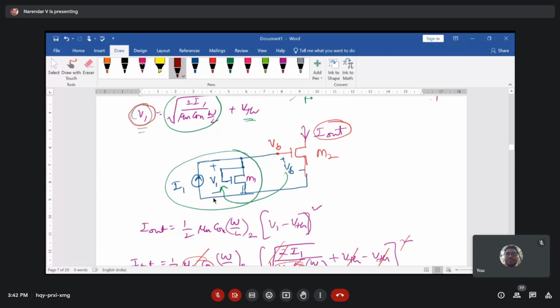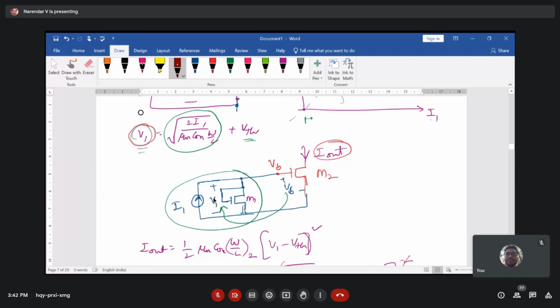Now if you go back to this discussion, then what had actually applied here is the gate to source voltage, which is your V1, right? And then this current which is entering at the drain terminal of this diode connected transistor.